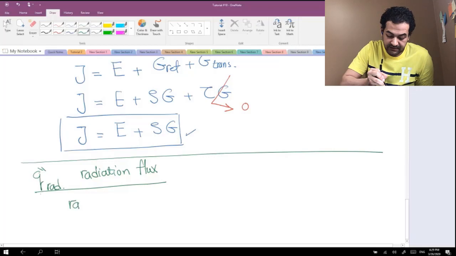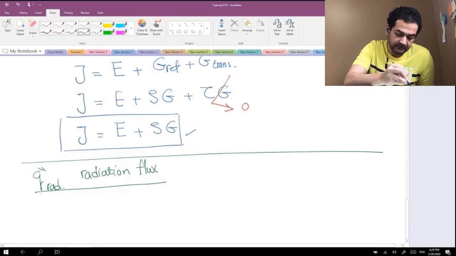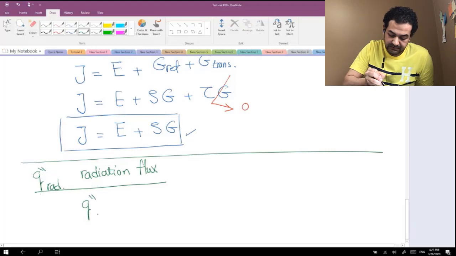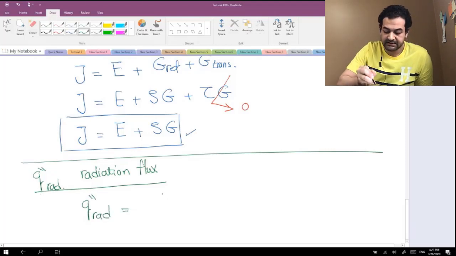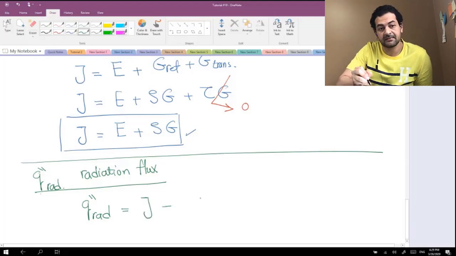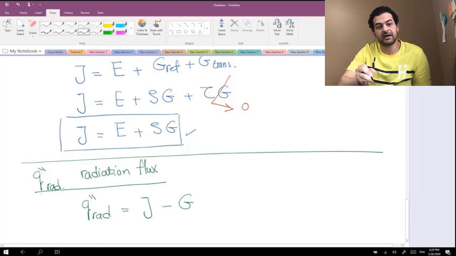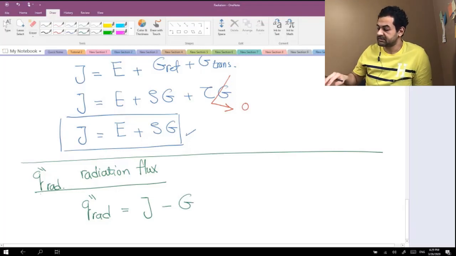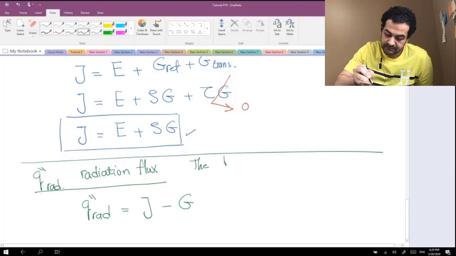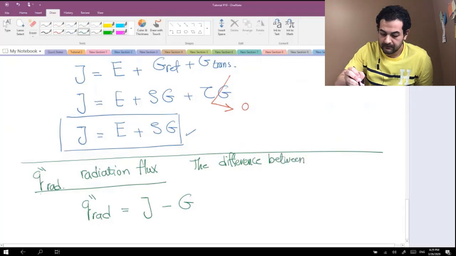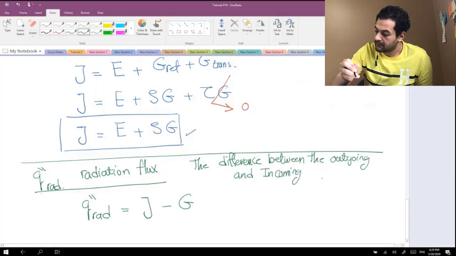So the radiation flux, q double dash radiation, is the amount of heat leaving the surface minus the amount of heat incident or incoming to the surface, or it is the difference between the outgoing and incoming radiation.